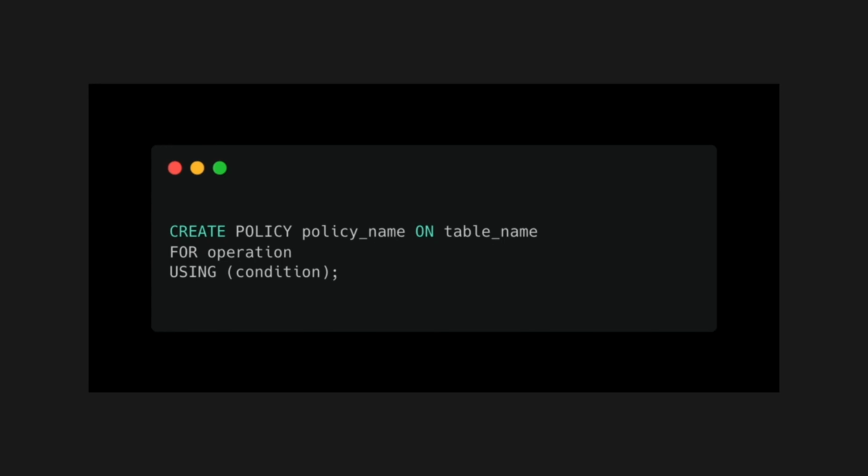And then lastly is where you define the condition, and this condition returns either a true or a false. So it's a Boolean expression, and it defines whether the policy allows the operation on a row. But not to worry so much, because Supabase auto-generates some of this part of the policy based on what we select, and you can edit the condition accordingly. So policies are automatically applied once created, so you don't need to execute anything else. Once you save the policy on a specific table, it's automatically applied.